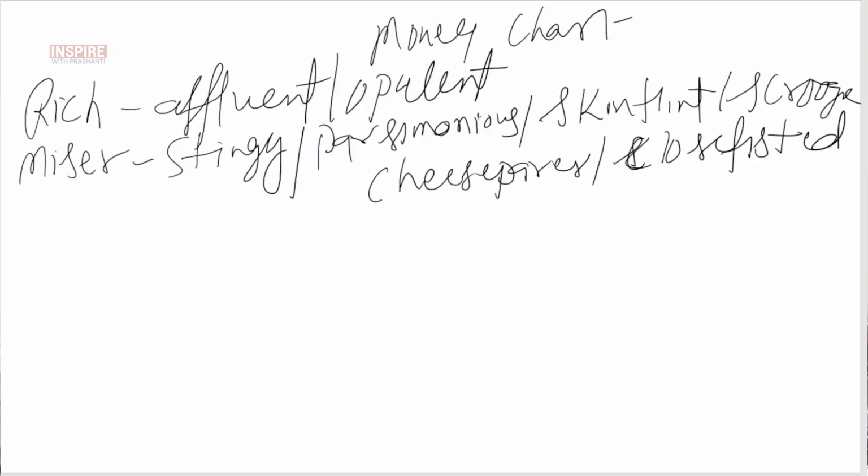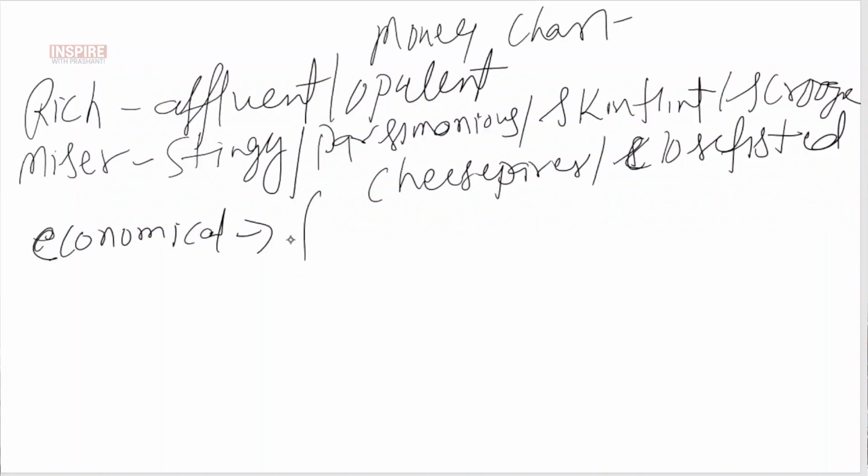Relating money with people, there are some people who are not misers, but we call them economical people. That means they would spend money whenever it is necessary. So they are cautious with money, they are sensible with money, and that's where, for people who are economical, you need to know the words which come in the exam, and economical is very important.